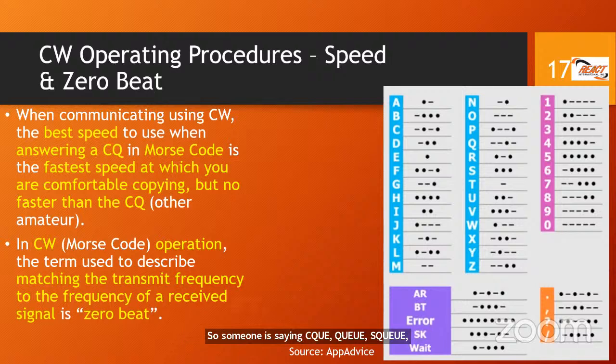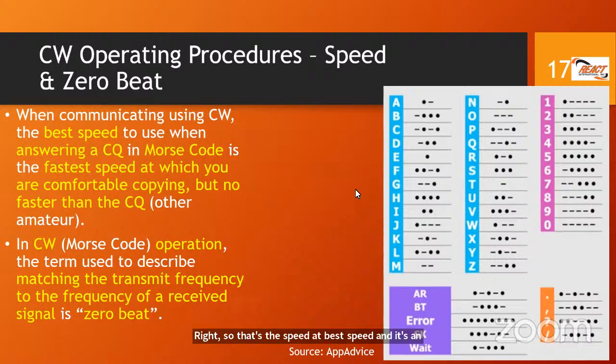In other words, they are on the air, they're ready to do Morse code, they don't know who else is on the air, and they're calling CQ so that other amateur radio operators who hear them can respond. But when you are responding, do not send any faster than they're sending, but also don't send any faster than you could copy. So that's the best speed, and it's an exam question.